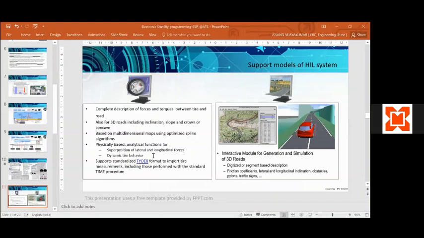It captures most of the aspects of the tire, so I can say this is one of the best models globally.